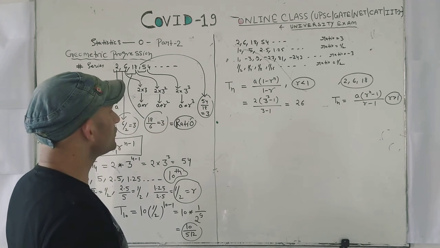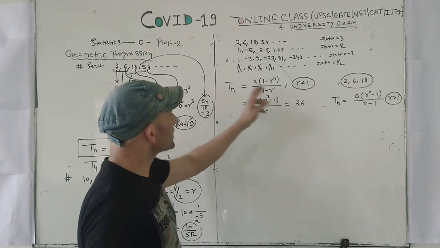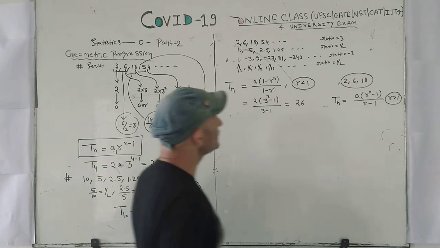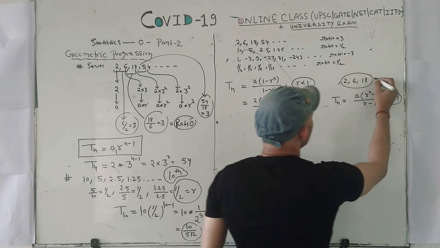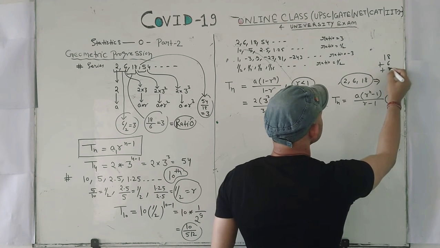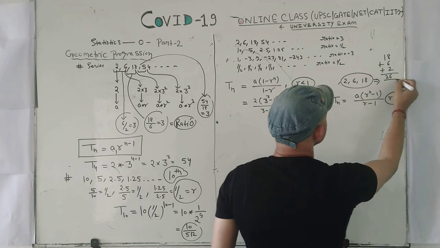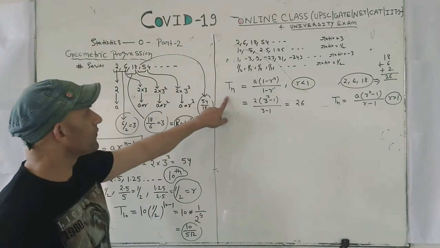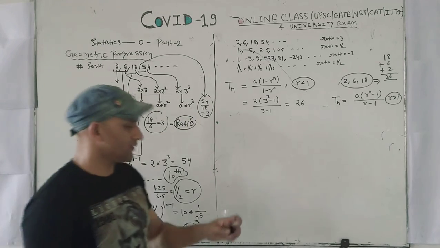So this is the sum. 6 plus 2 is equal to 8, and 18 plus 8 is 26. This is the sum of all the numbers, not the product.